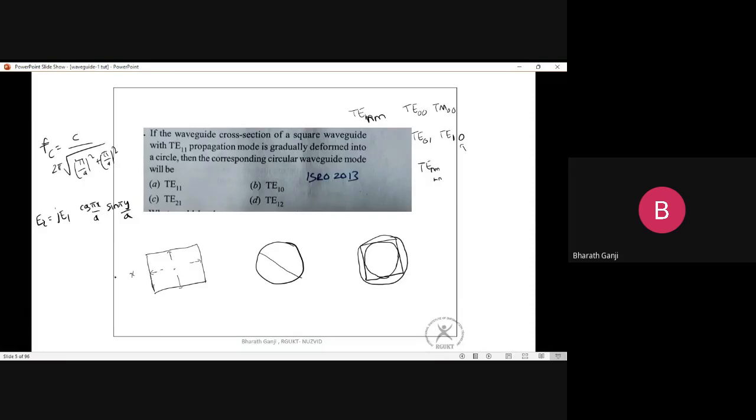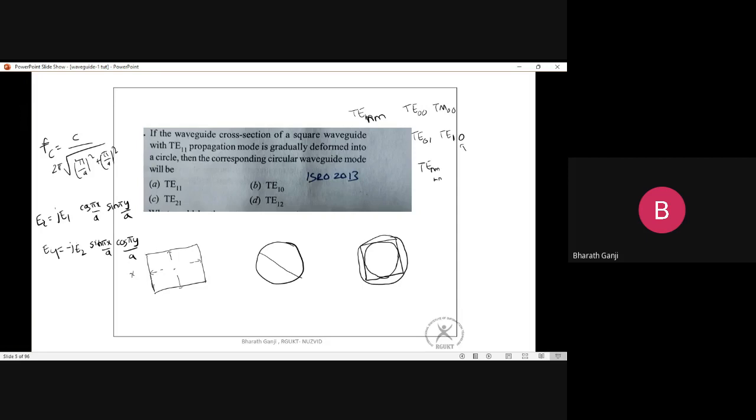The other one, if I take the Ey component, it will be something like minus j times some constant, I got sine πx by a and cos πy by a. This is how my x and y components are.